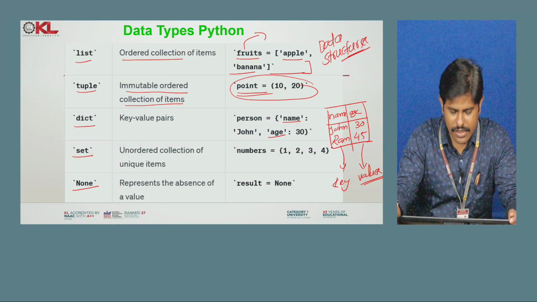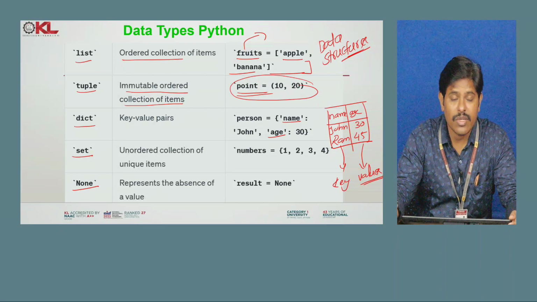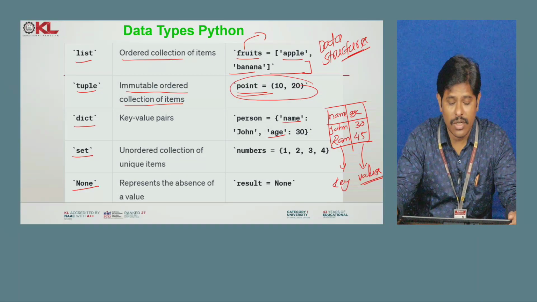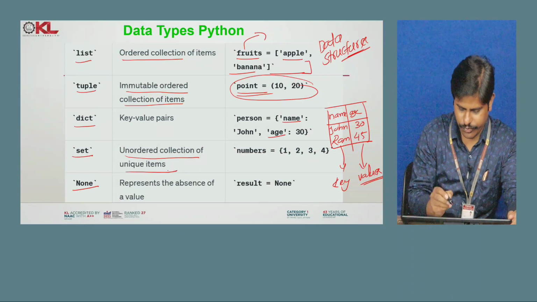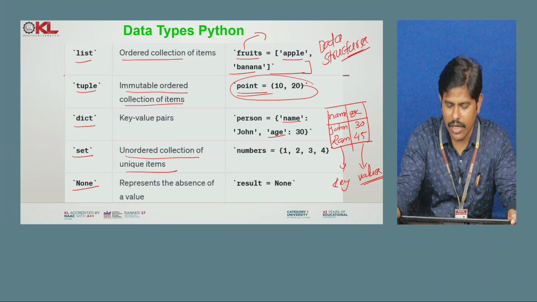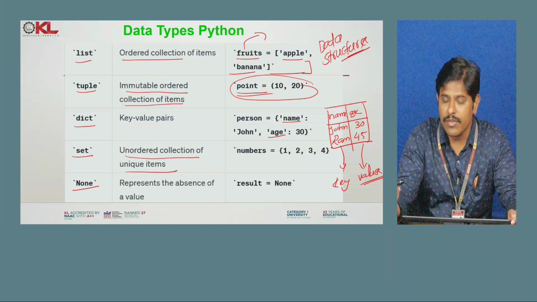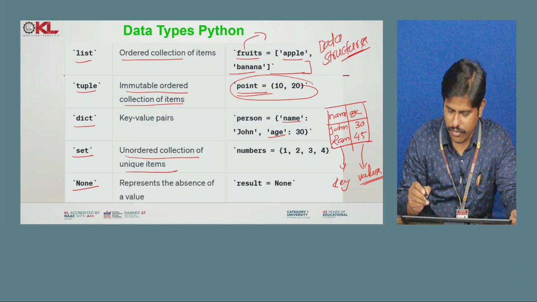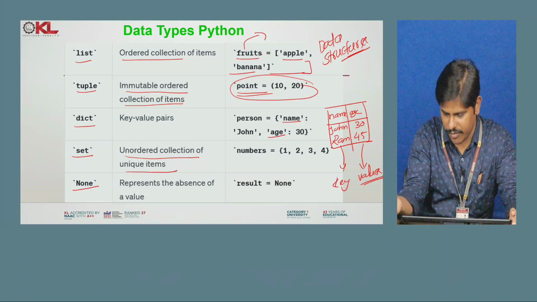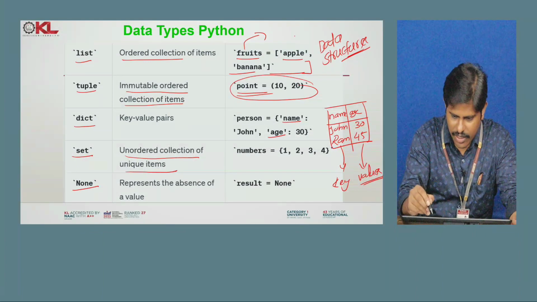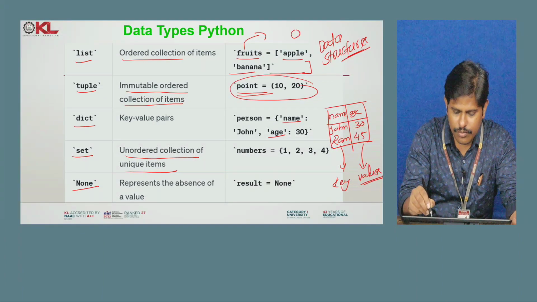And sets are similar to tuples or lists. They are an unordered collection of unique items, that means they don't have an order. Order means, suppose in a list, fruits equal to apple and banana, the order of apple is 0, the order of banana is 1.